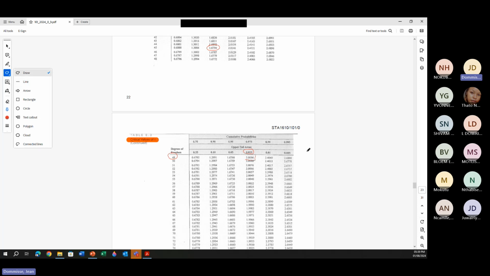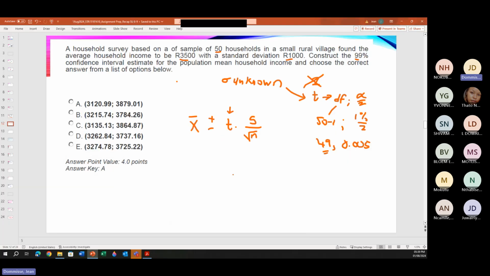So we sit with 2.68. Okay, so 2.68, 0.005 at degrees of freedom of 49. So T is 2.68. Standard deviation is 1,000.